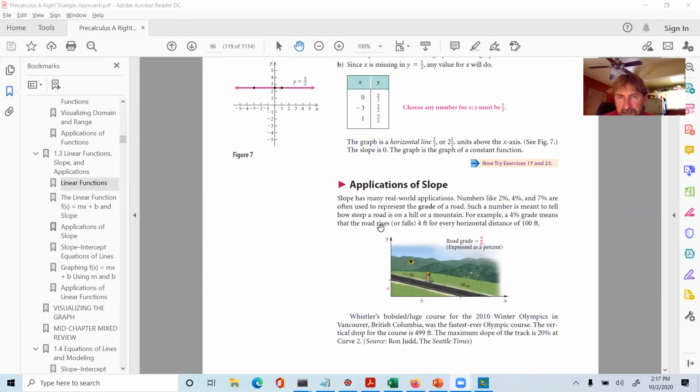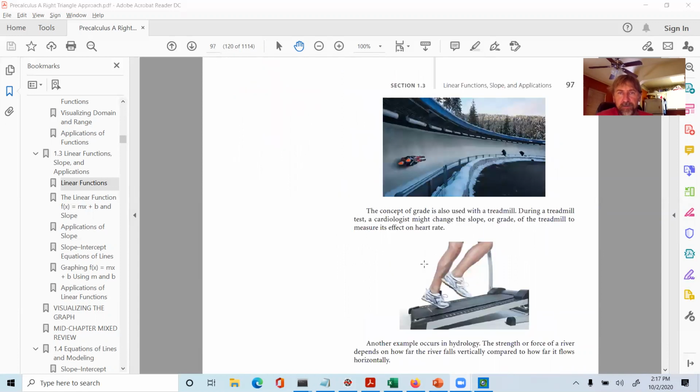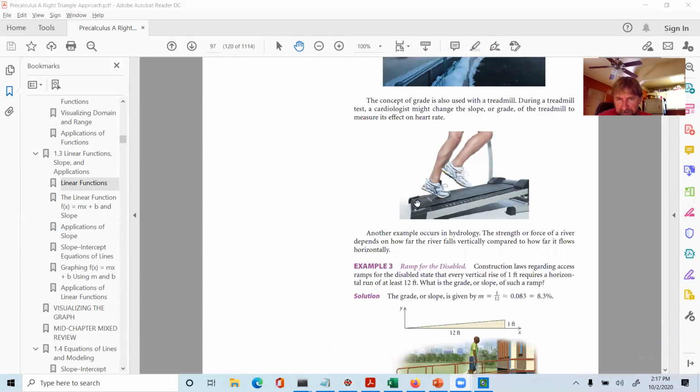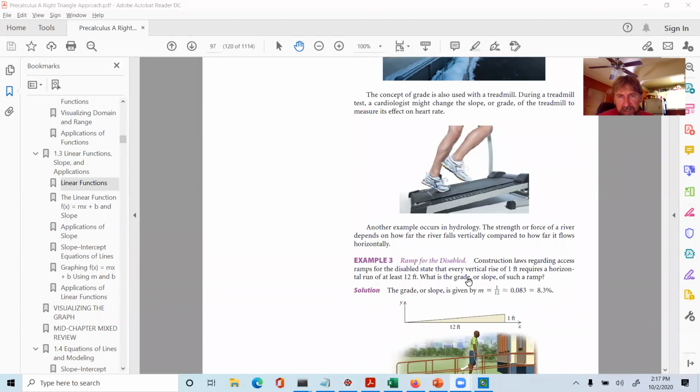So read this application of slope. Slope has many real world applications. I'm gonna let you read that. We got a treadmill, it's got an application of a slope. We got this bobsled track that's got a slope. We talked about the slope here for a disabled ramp.